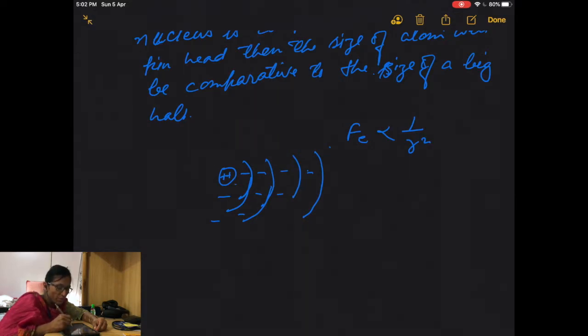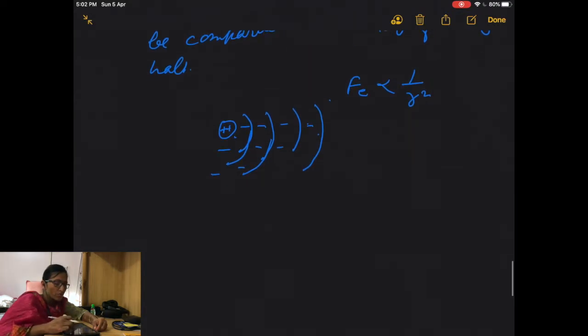So as we proceed towards outer shells, due to the increase in the denominator, the force reduces. So the force of attraction on these outer electrons is very little.